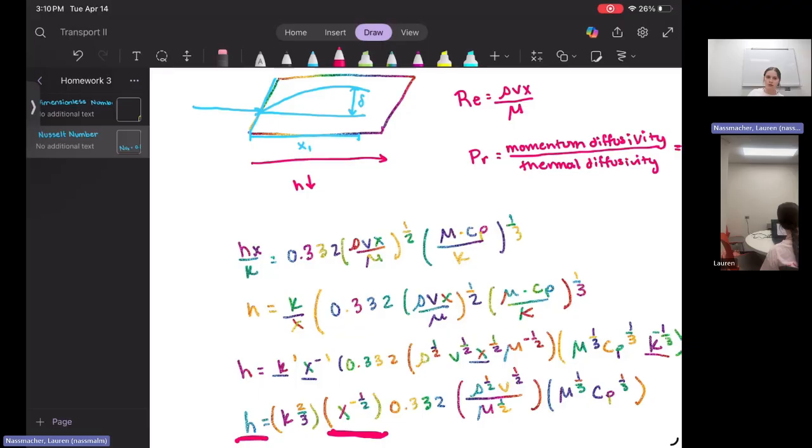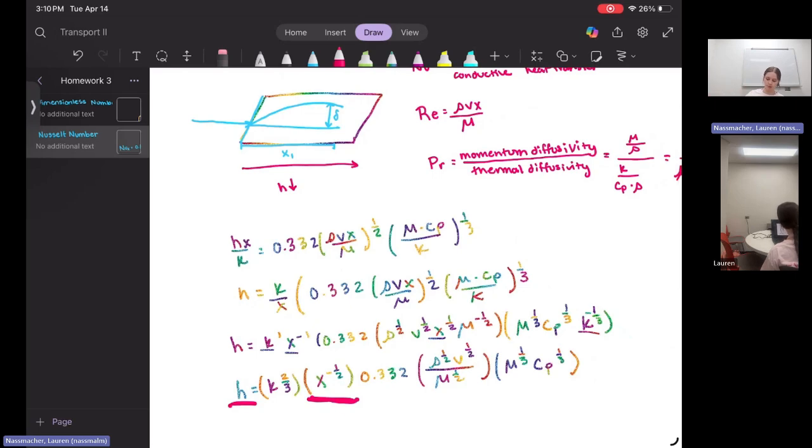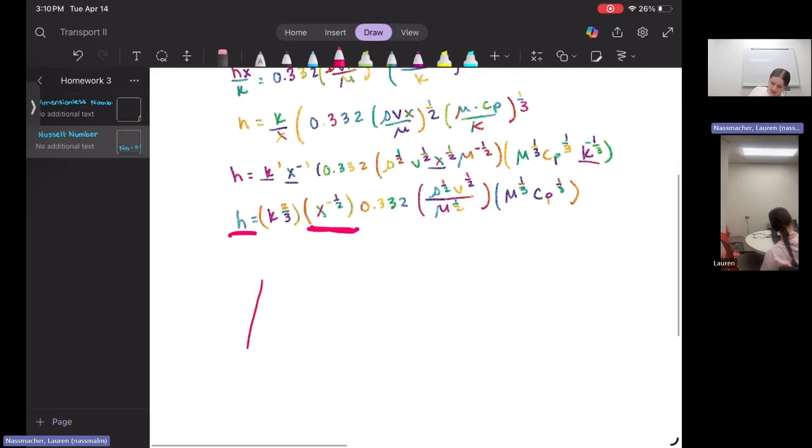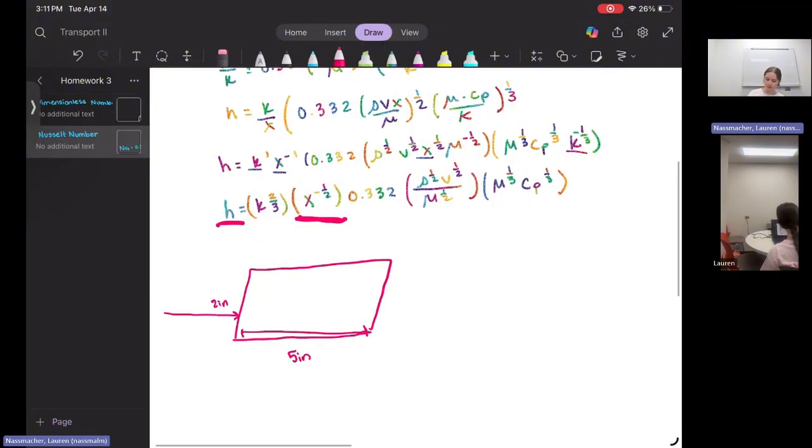So the reason that we want the flow to go along the long side of the plate is because then the depth will become shorter, right? Let's visualize this. So we have a plate, we put it this way, say this is 5 inches and this is 2 inches. Our flow can go 5 whole inches in depth, and that decreases our heat transfer coefficient, which doesn't create the maximum heat transfer.